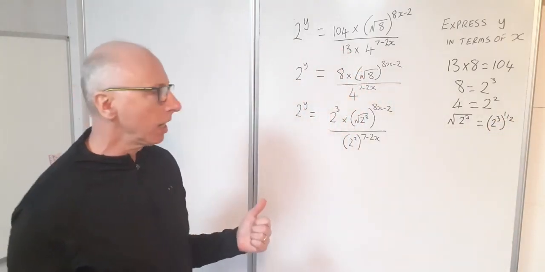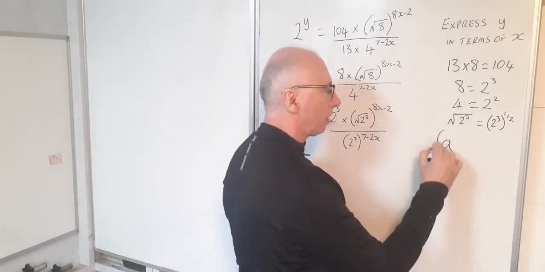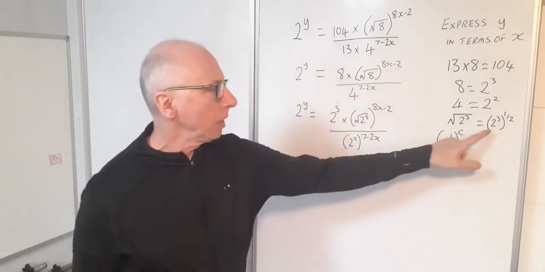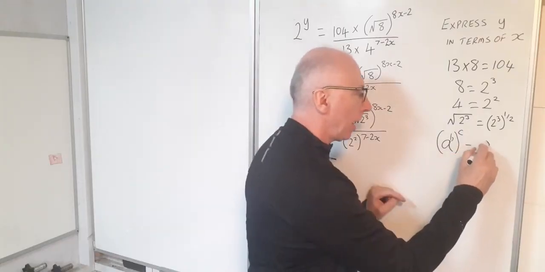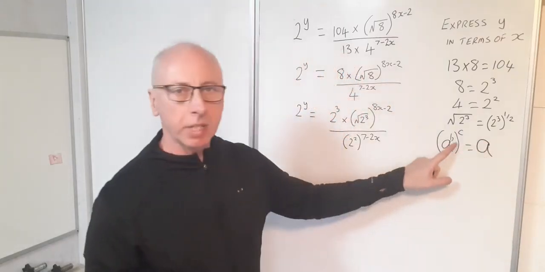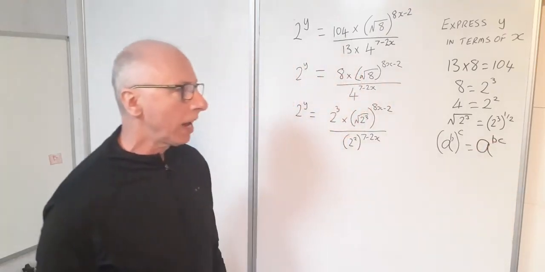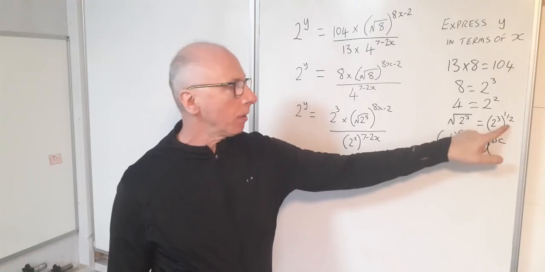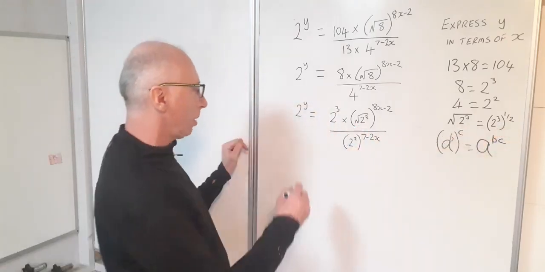Now there's a property in indices that we need for this one: a to the power of b to the power of c, where a is our base, is the same as a to the power of b times c. So I could just write that like that. So with this one here, I could just rewrite that as 2 to the power of 3 over 2. So let's put that in there.